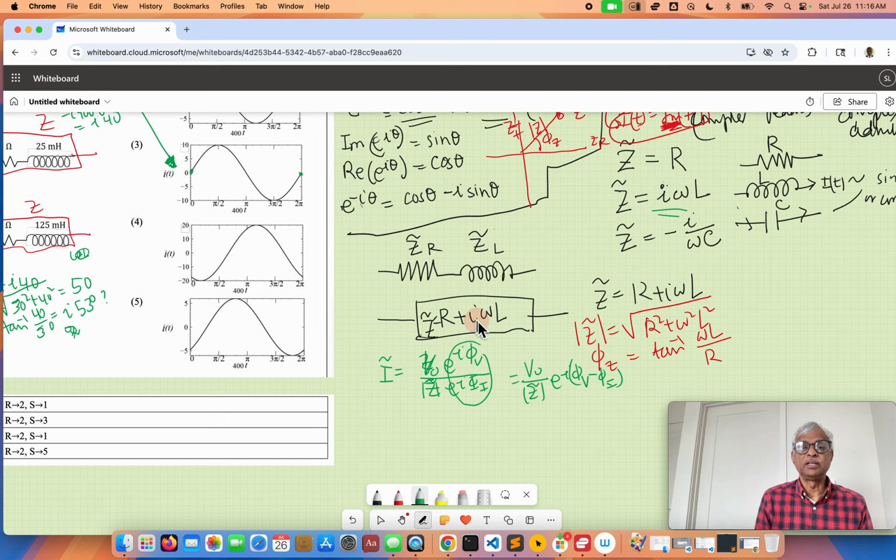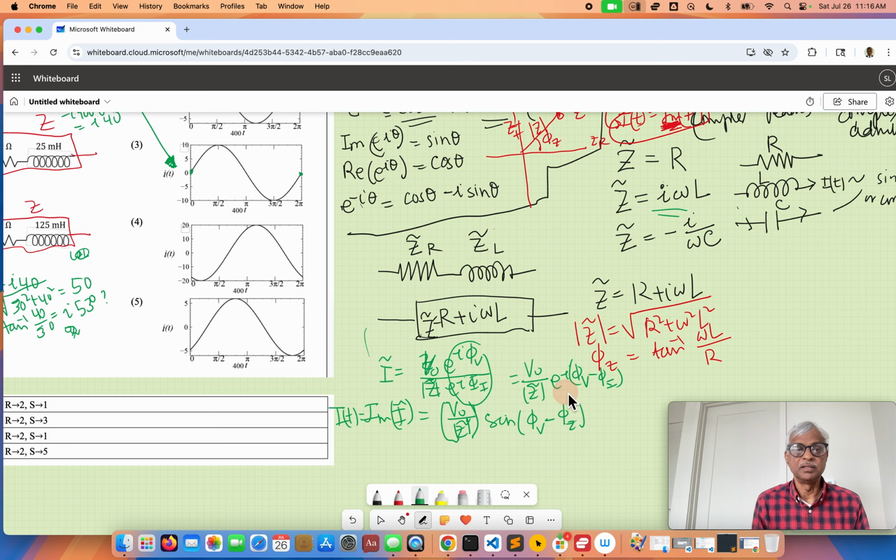And that will tell you that if I take the imaginary part of this I tilde to get I of t, then I'll just say V0 over the magnitude, so this is the magnitude part, and then it will be sine of (phi V minus phi Z).